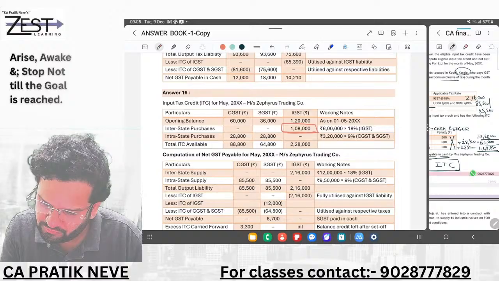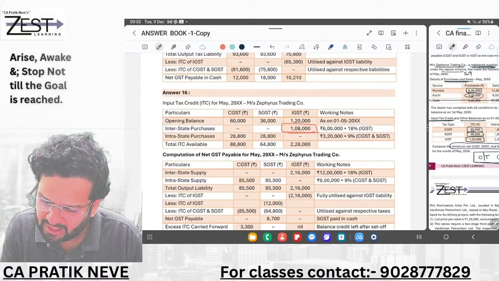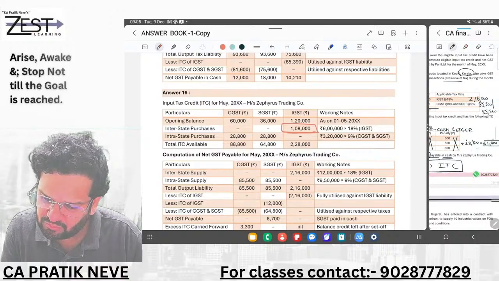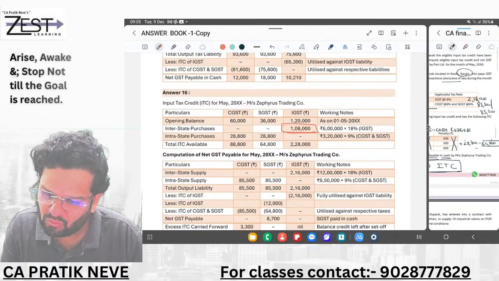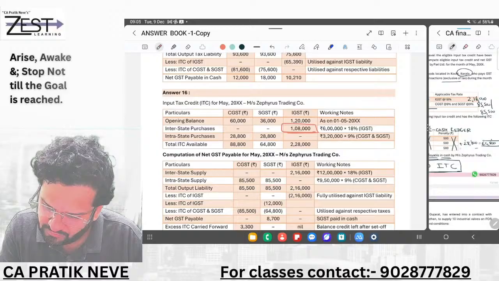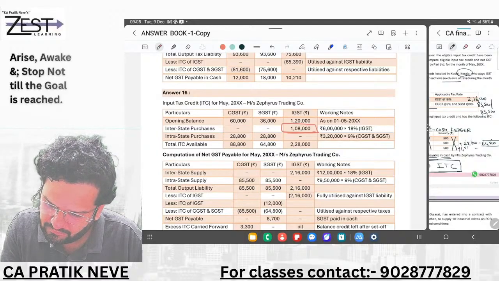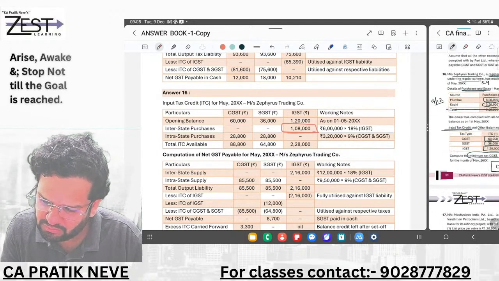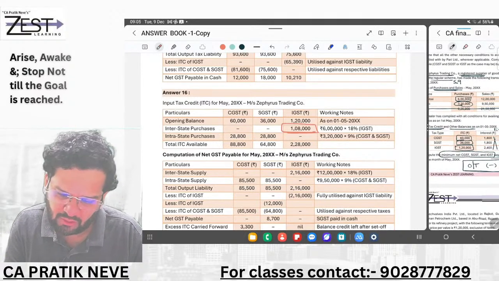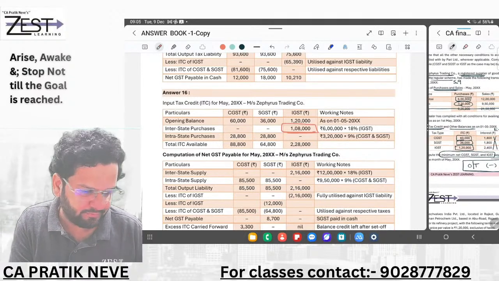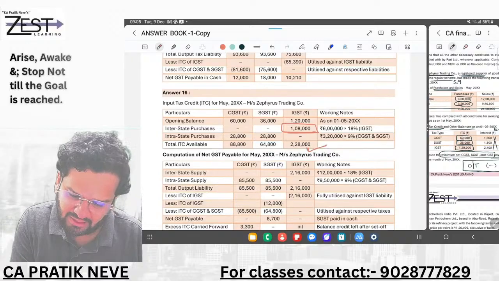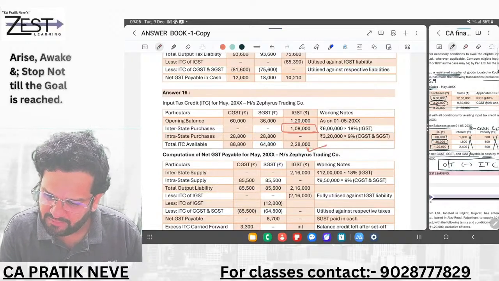While writing the solution there, in place of IGST for the month, which was 1,08,000, I should have written 1,08,000 plus 1,20,000. So yes, 2,28,000 is ITC of IGST.